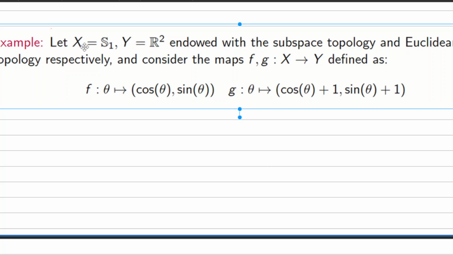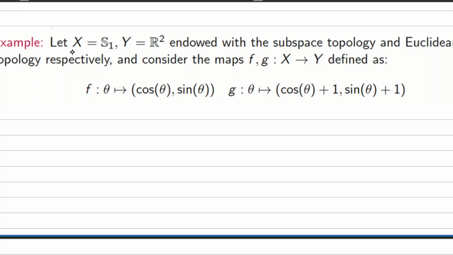Let X be the space where f belongs and Y the space where g belongs, two subspaces. There is a mapping from X to Y, and f and g are such that we can map the points from X to Y. This is one direction.